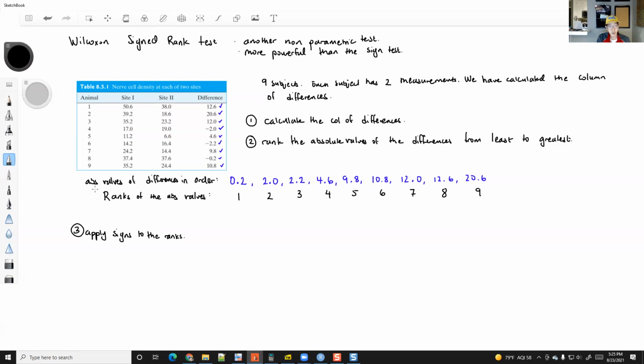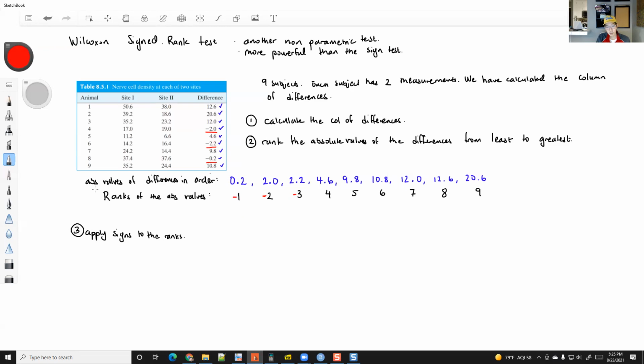This is why it's called the signed rank test. So we have 3 negative values. We have negative 2.0, so we're going to apply a negative sign to that rank. We're going to apply a negative sign to this rank. And 0.2, we're going to apply a negative sign to this, right?